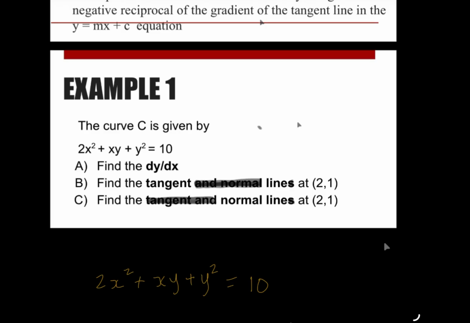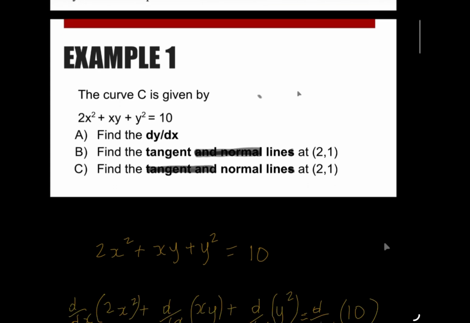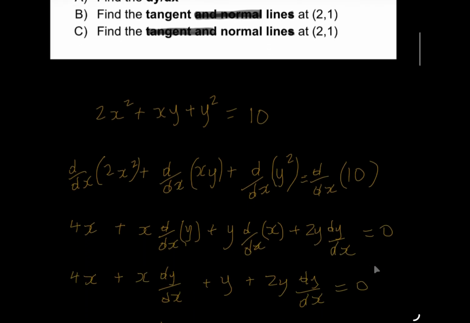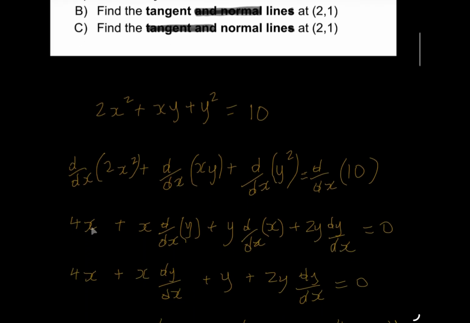curve. 2x squared plus xy plus y squared is equal to 10. We want to take the derivative of each term. So we have d dx of 2x squared plus d dx of xy plus d dx of y squared equals d dx of 10. When you take the d dx of 2x squared, we get 4x.